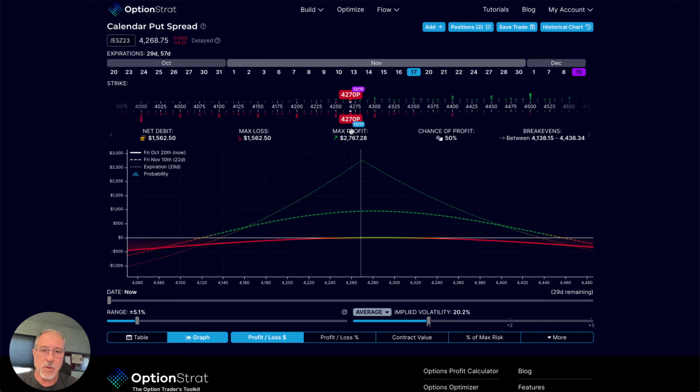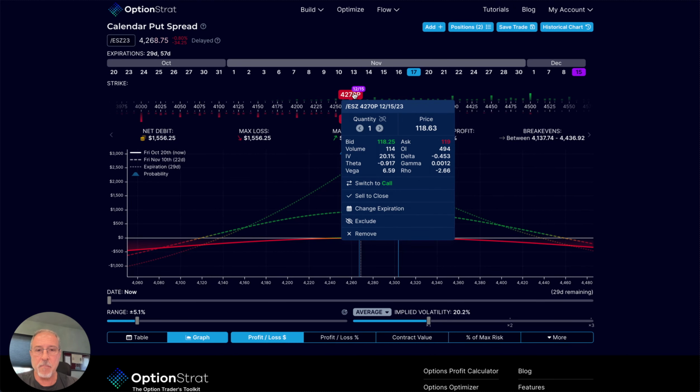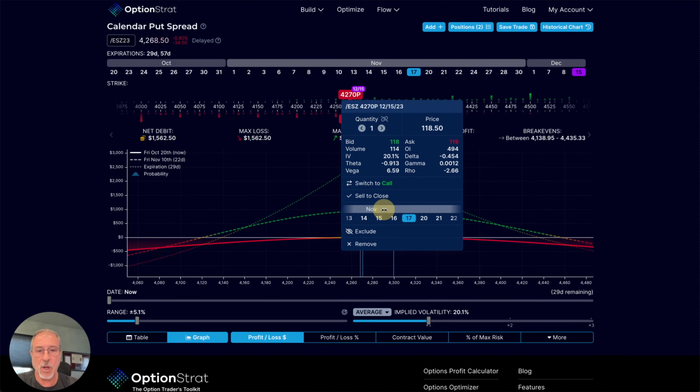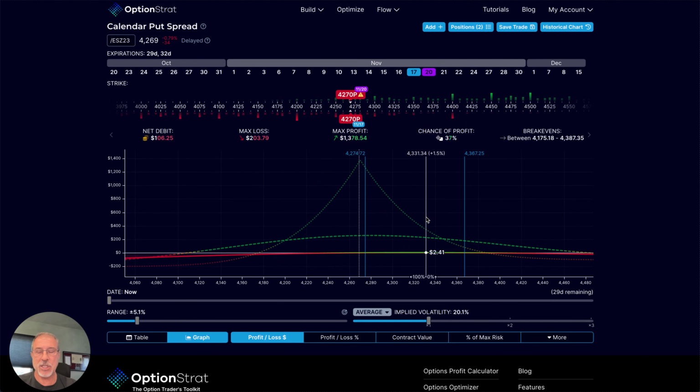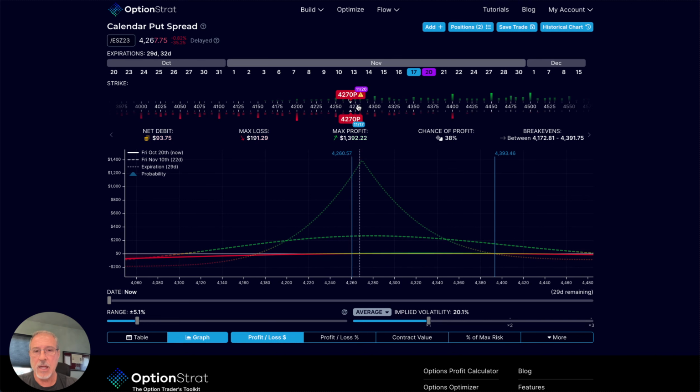So my front period is going to expire on November 17th, and then I'm going to bring my back period in much closer to go November 20th. So this is essentially a 3-day calendar, or an over-the-weekend calendar, if you will, because the 17th is a Friday and 11/20 is the following Monday.